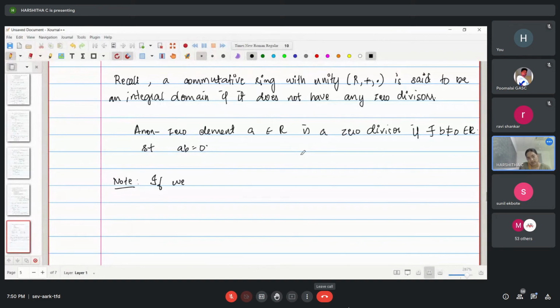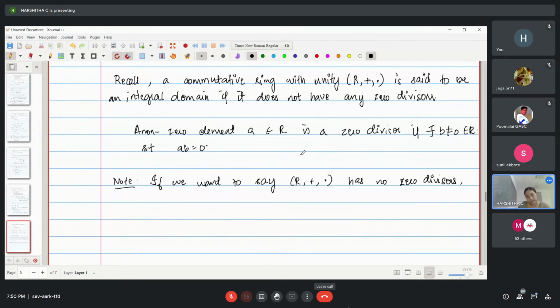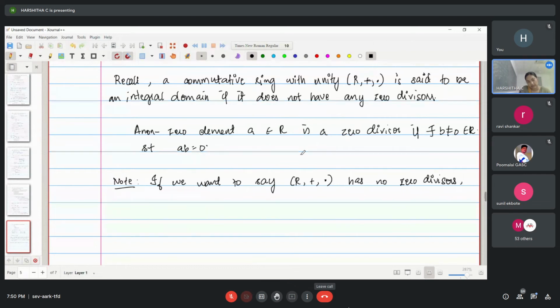So if we want to say R has no zero divisors, we can take a, b in R arbitrary elements, and say that if ab equals 0, then either a is 0 or b is 0.